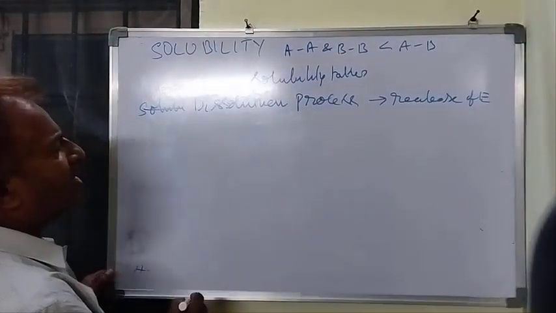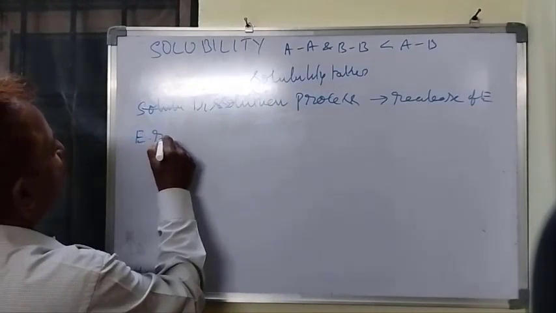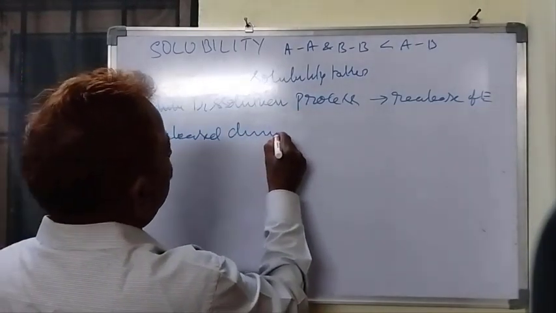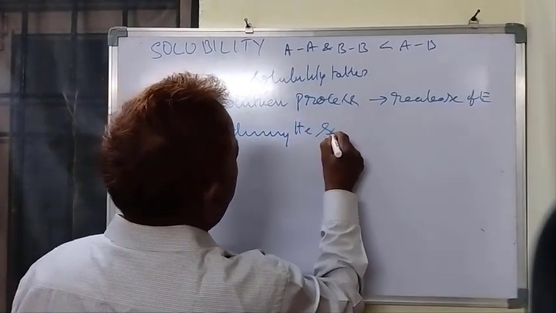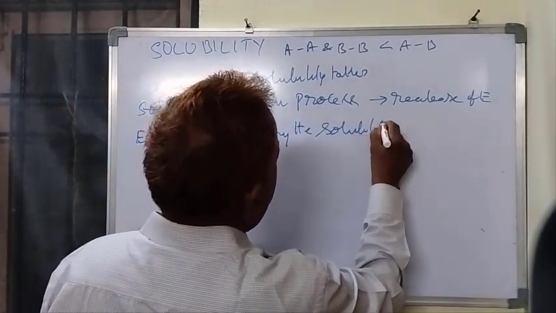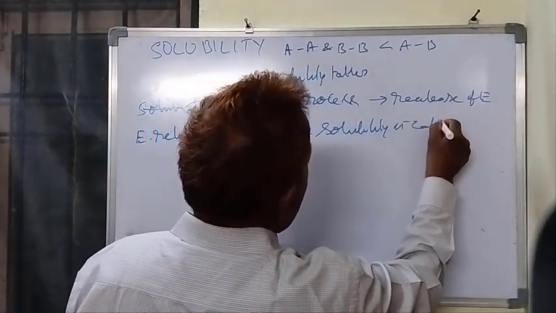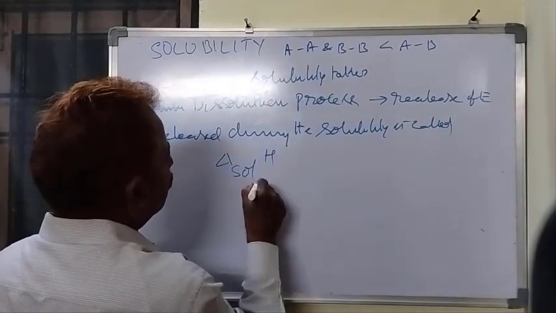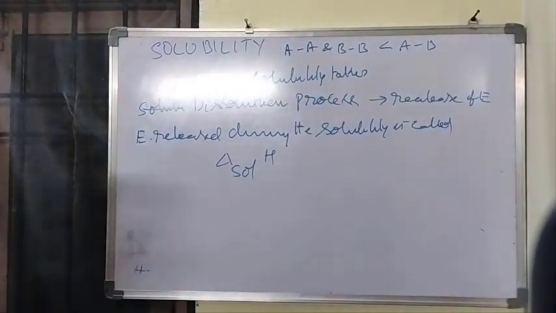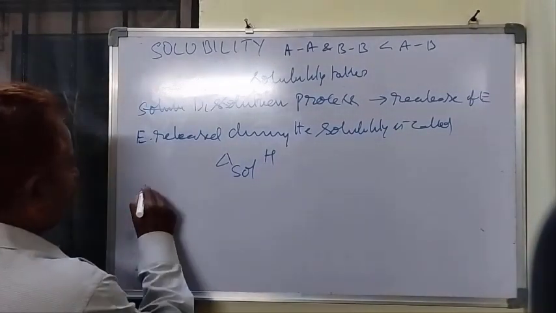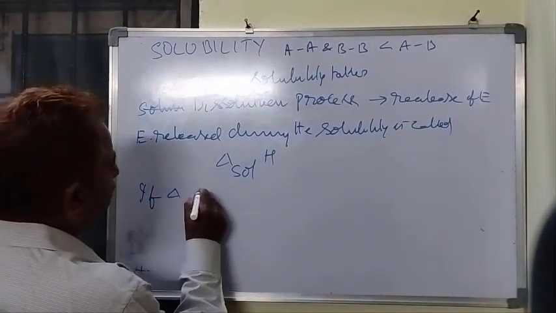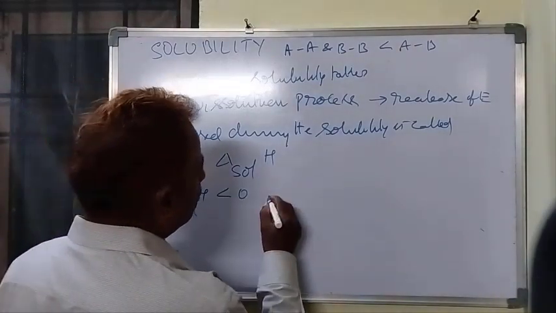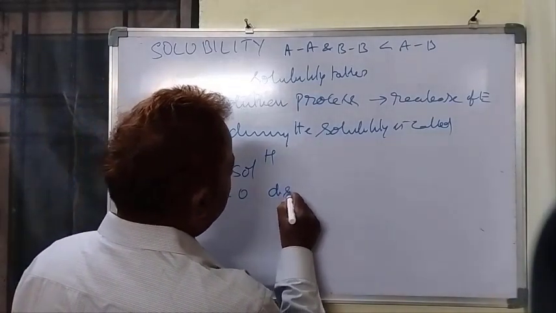Therefore, the energy released during solubility is called delta H solubility. If delta H solubility is less than 0, then dissolution takes place.